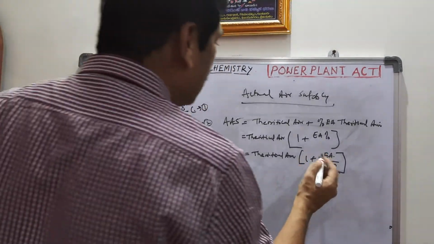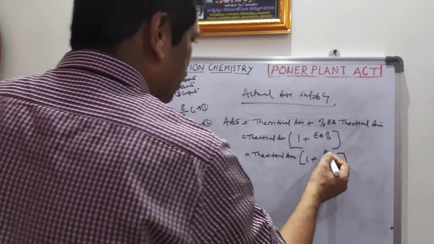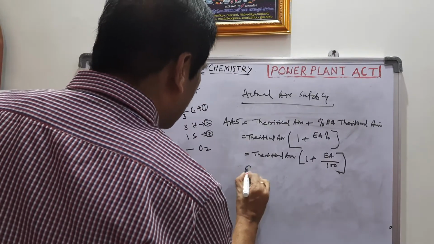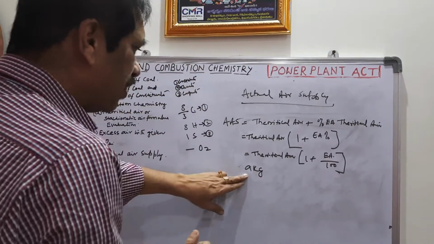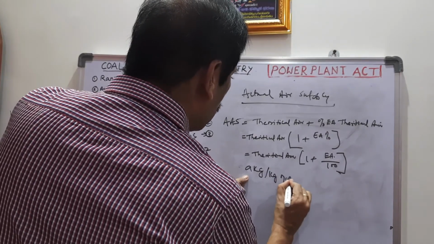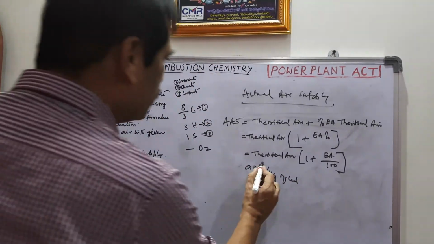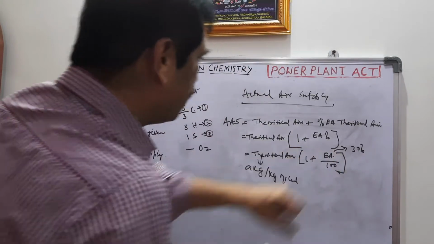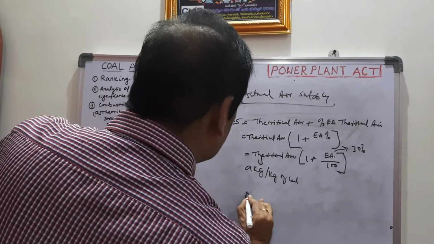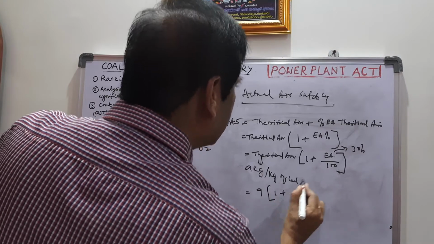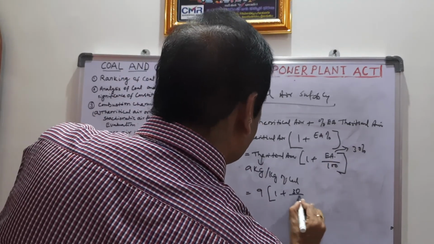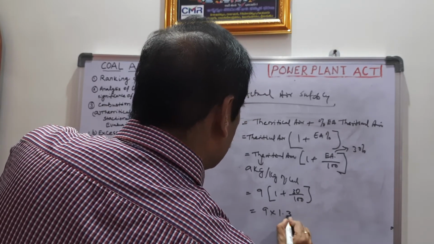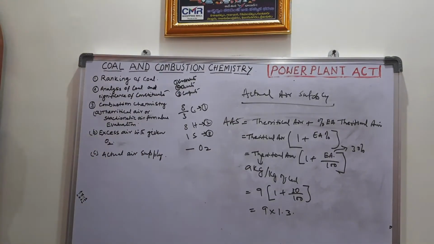So suppose you are providing excess air of 30%. Suppose the theoretical air is 9 kg of air per kg of coal. Then actual air supply is equal to 9 into 1 plus 30 by 100, so 9 into 1.3.